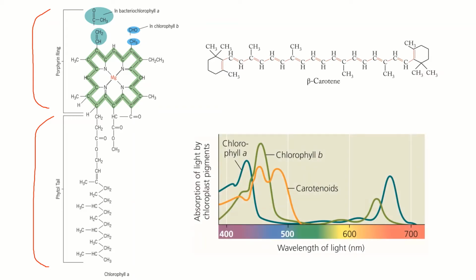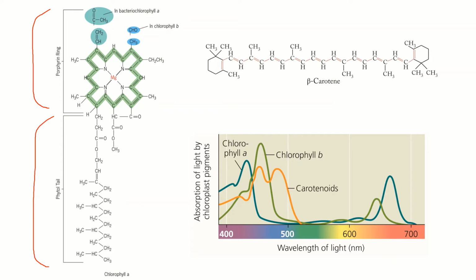And here we have the absorption spectrum of these pigments, and we can see how they have different colors because they absorb different colors from the spectrum of light. For example, chlorophyll A absorbs the colors of light that are violet or red, as we can see from the peaks.